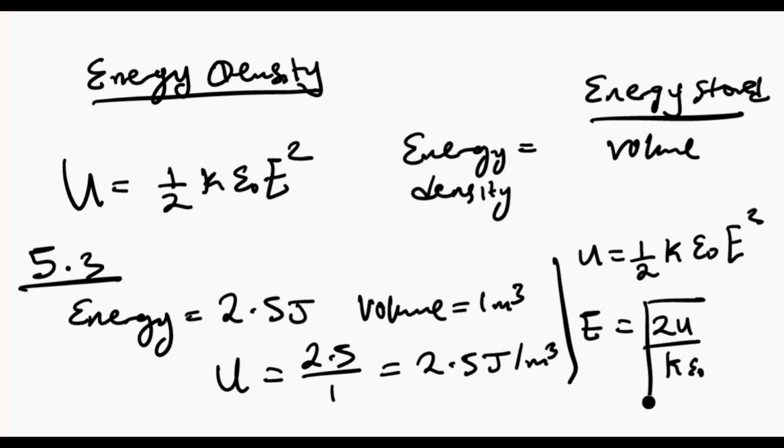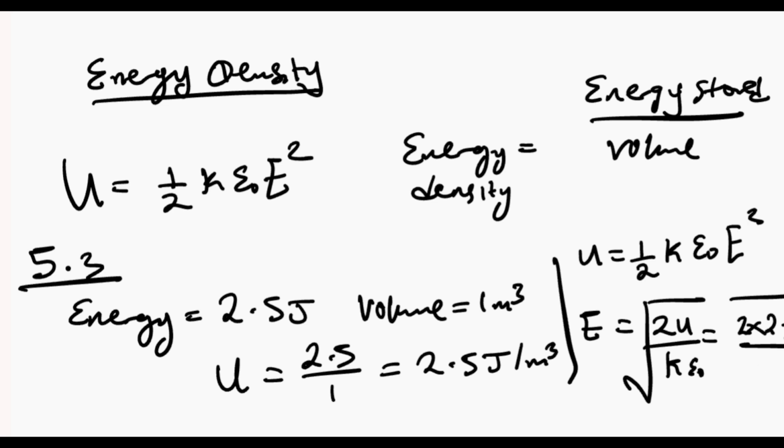So the same thing as saying 2 times 2.5 all over K, since they said vacuum, K is 1, and epsilon is 8.85 times 10 raised to power minus 11.